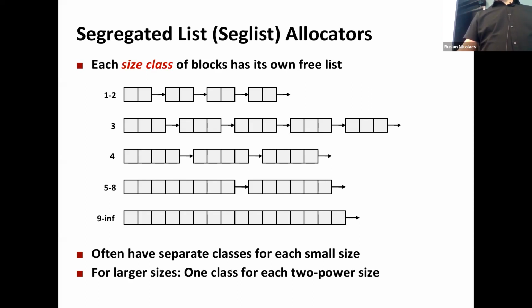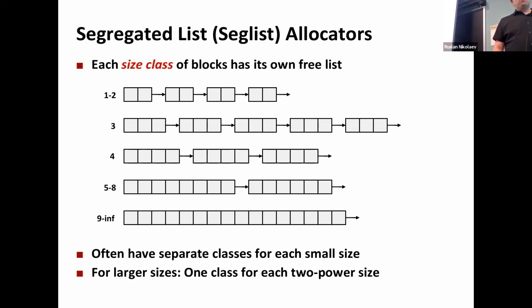That means that's the largest size that you have in that list. So if I have an 8-byte class, I have from 0 to 8 bytes, and if I have 16 bytes, it's going to be 9 to 16 bytes. Then the 32-byte class is going to be 17 to 32 bytes, and so on, right?